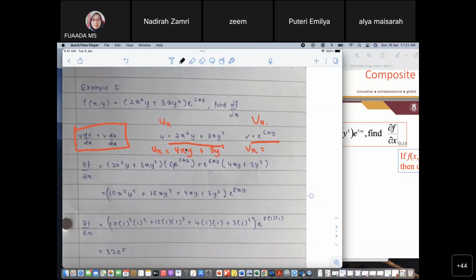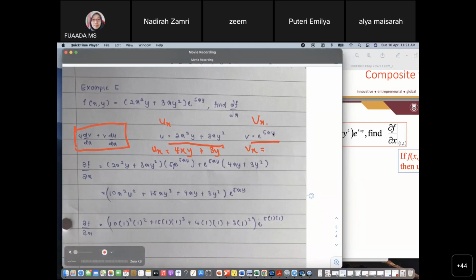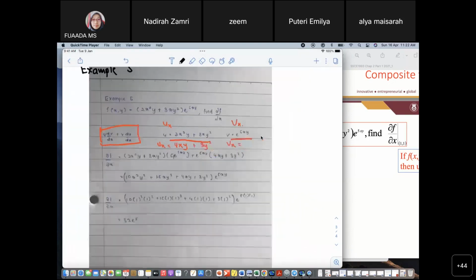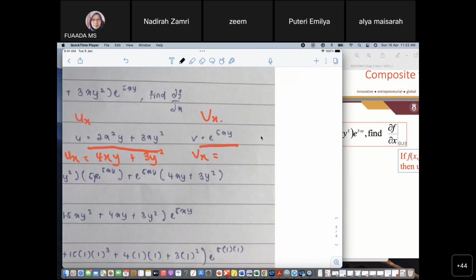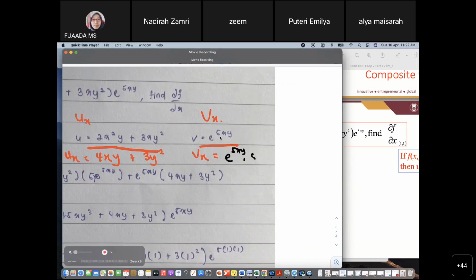Okay, so differentiate v with respect to x. Here, this is a composite function. The outer function is the exponent and the inner function is 5xy. So we have to apply the chain rule actually, but like I mentioned before, if it's just a single layer, usually we do it directly, just a direct answer. So we differentiate the outer function, we got the function back. So e^5xy multiplied by the derivative with respect to x of the inner function, so you got 5y.